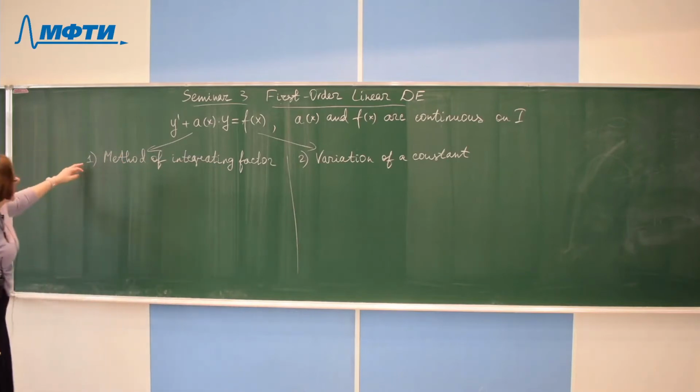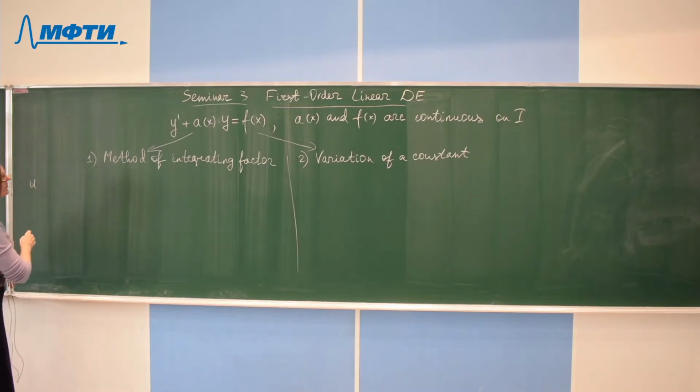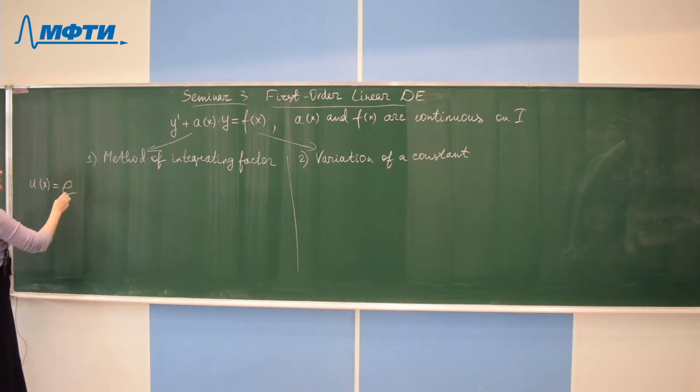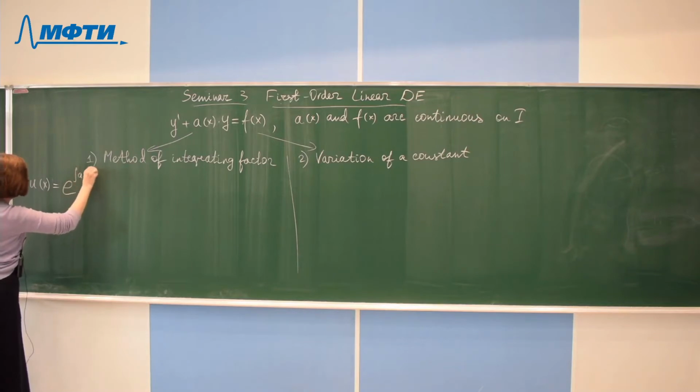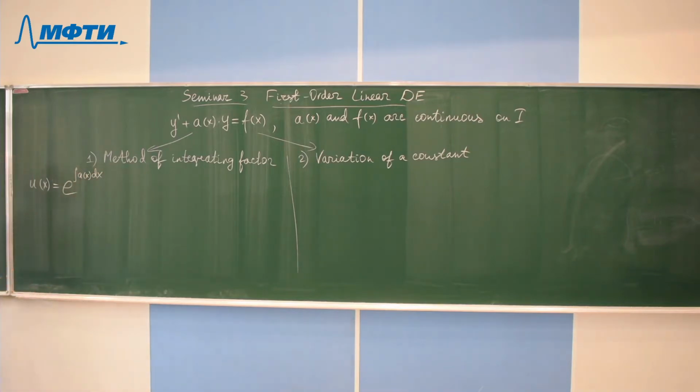So for the first method, we consider an integrating factor u of x, let it be e raised to the integral of a of x dx. Let's define the function this way.